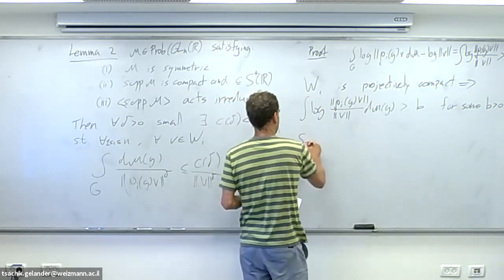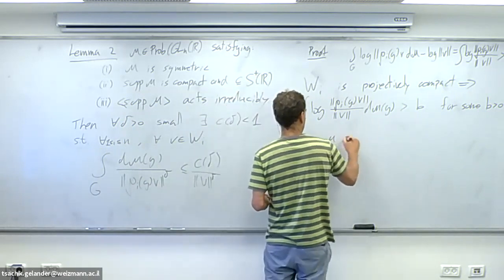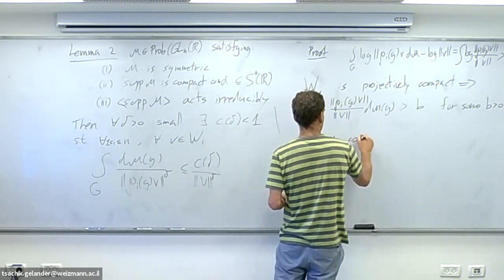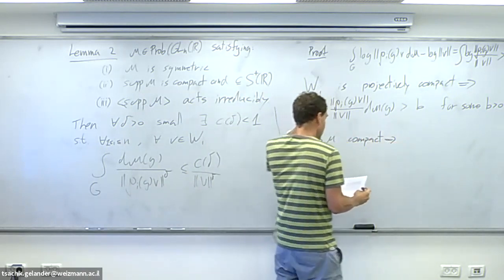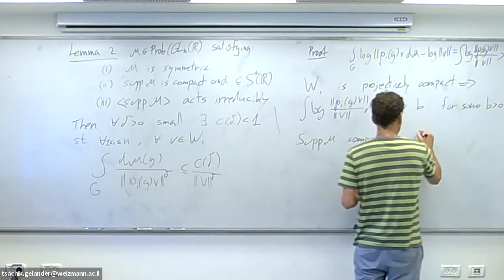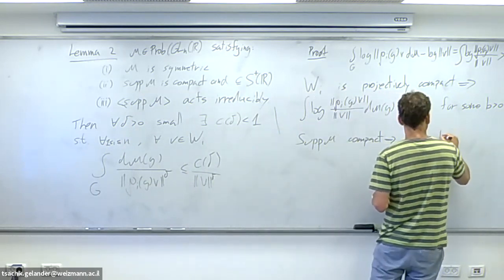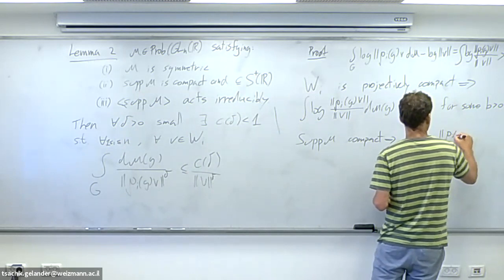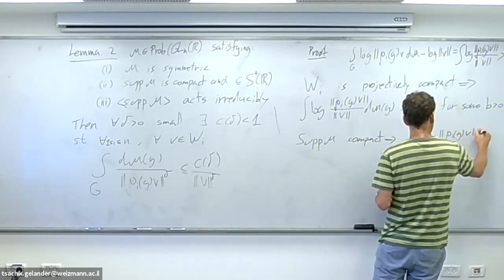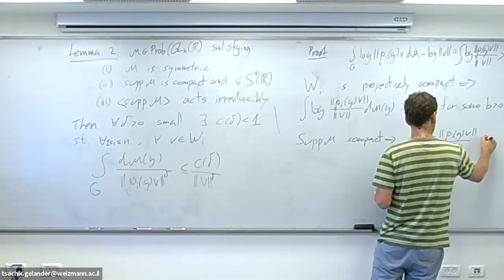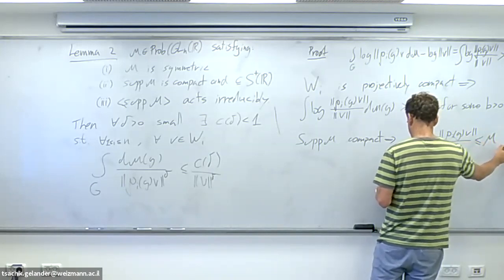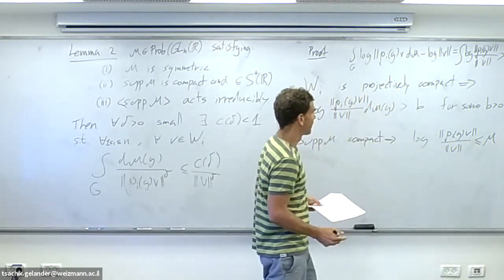Now, the fact that the support of mu is compact implies also the inequality from the other side, that log of rho_i(g)v divided by v is bounded by some constant M.